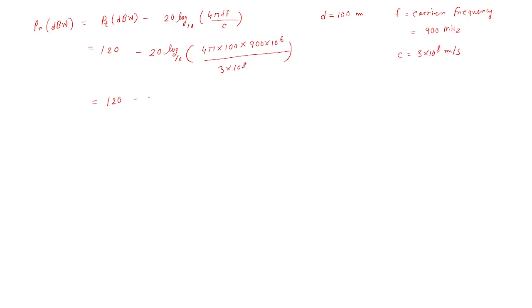What you will obtain here, PR in dB watt is 120 minus 20 log 4 pi d f by c. Let me calculate its value using calculator.